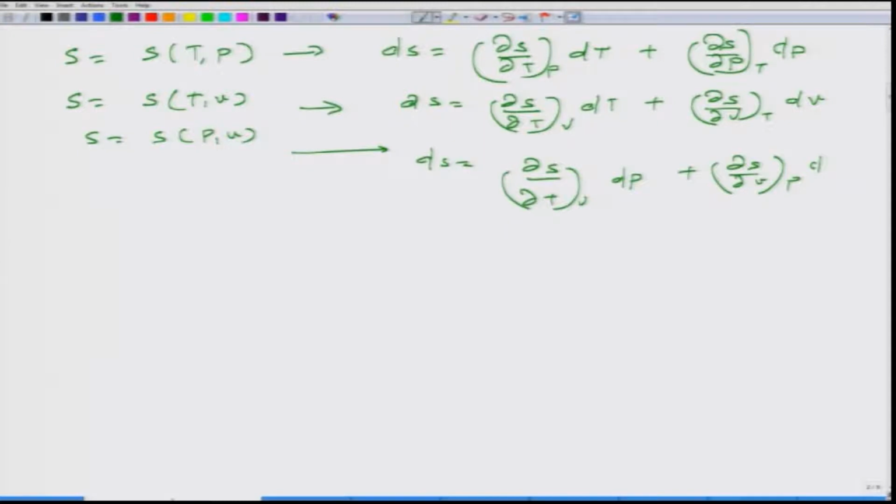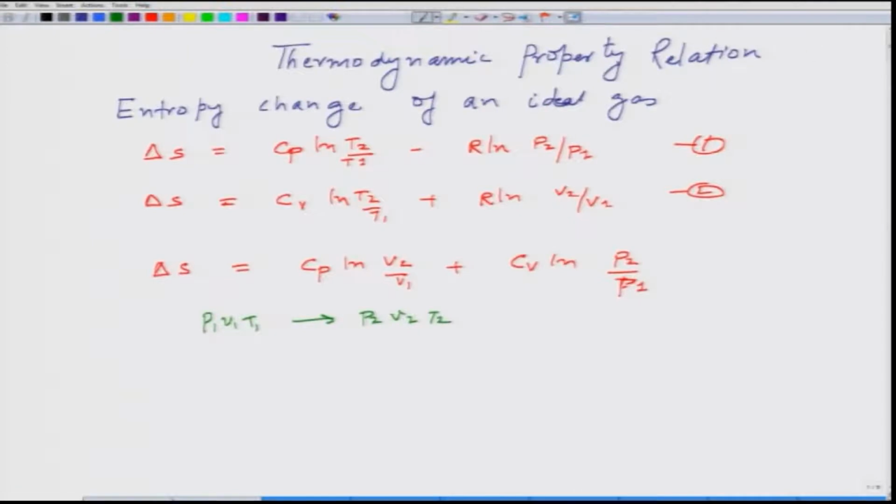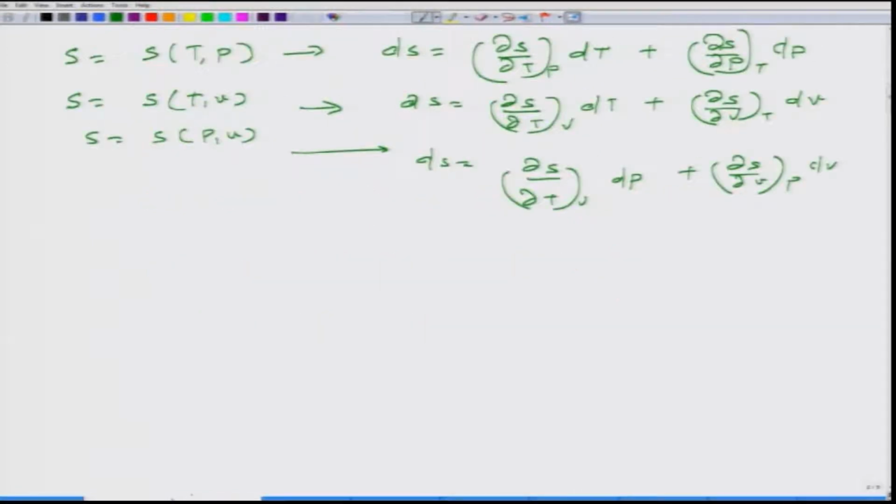And the previous values of delta S, apparently one can show, are clearly derivable from this differential form of S.